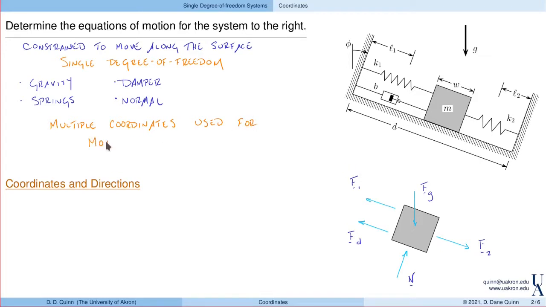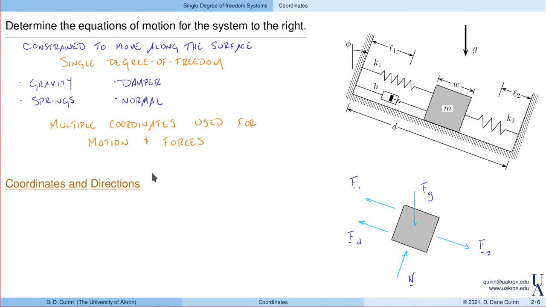When we talk about what we should define, really it's what's natural. If you look at the force in spring 1, for example, the natural coordinate is going to be the stretch in spring 1. Spring 2, well, that's going to be the stretch in spring 2. So now let's go ahead and define those.